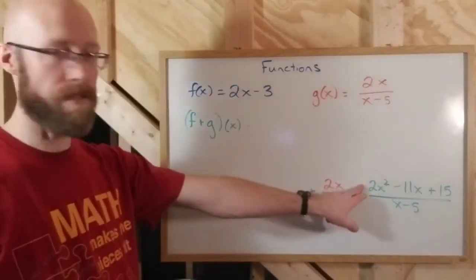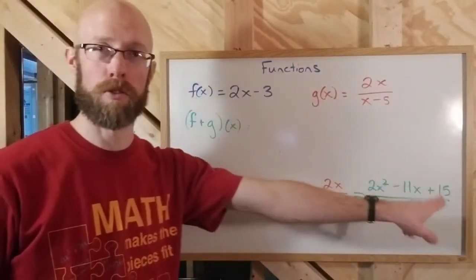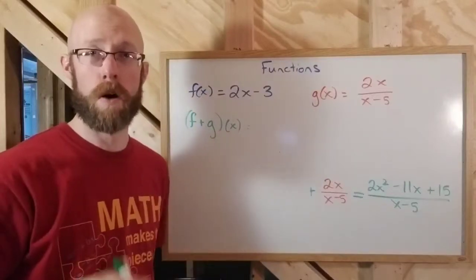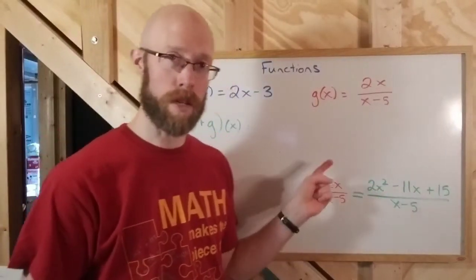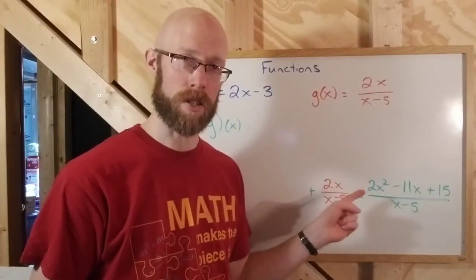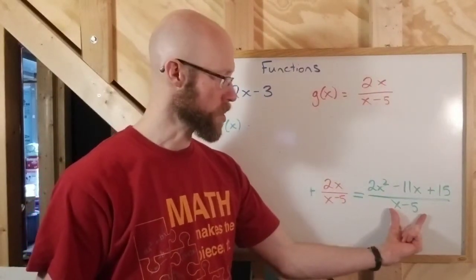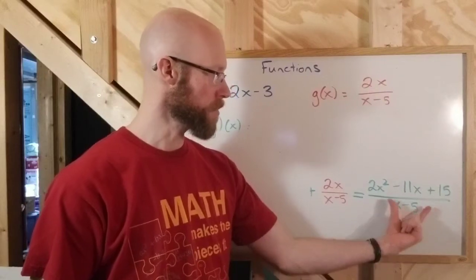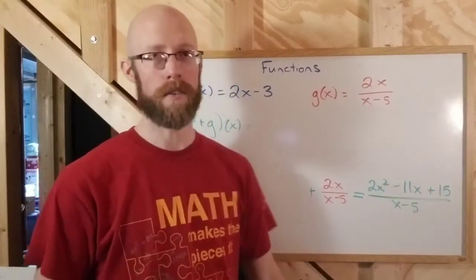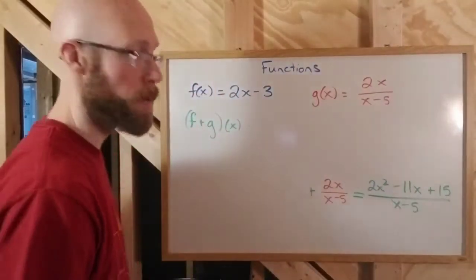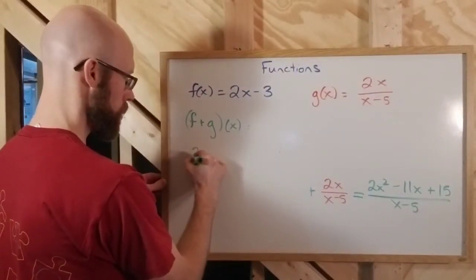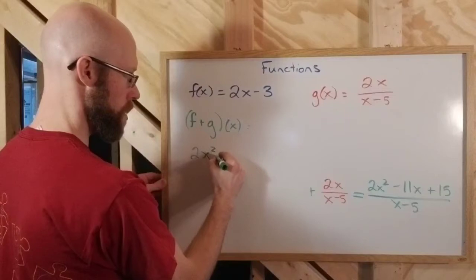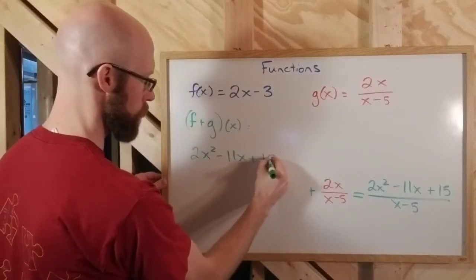So if you'll recall factoring, we're trying to break a polynomial down into smaller polynomials. The goal of this is going to be to cancel potentially. So the question is, is x minus 5 a factor of that numerator? Maybe, maybe not. Let's see. So I need to factor 2x squared minus 11x plus 15.